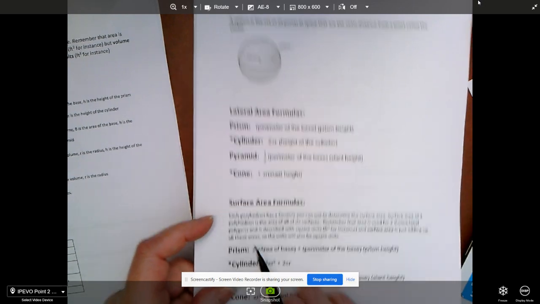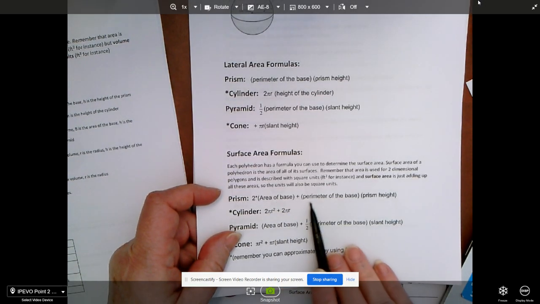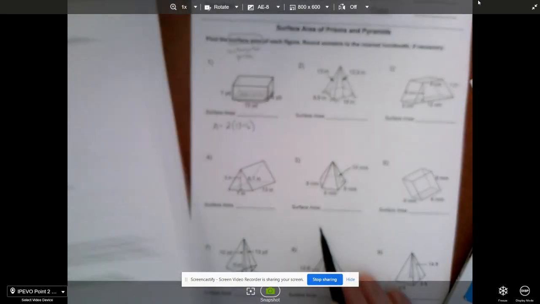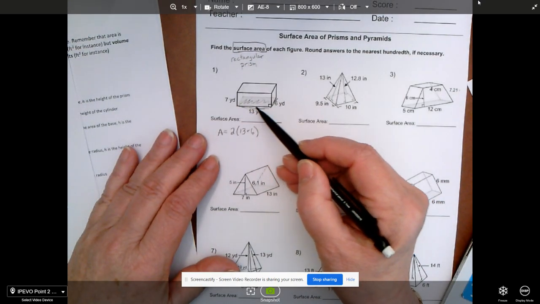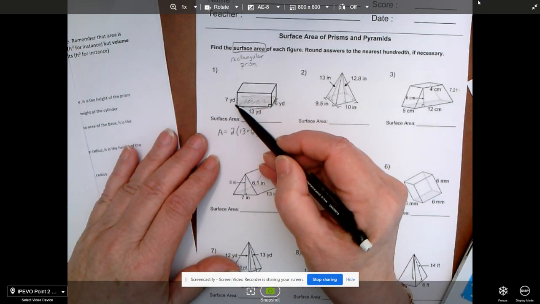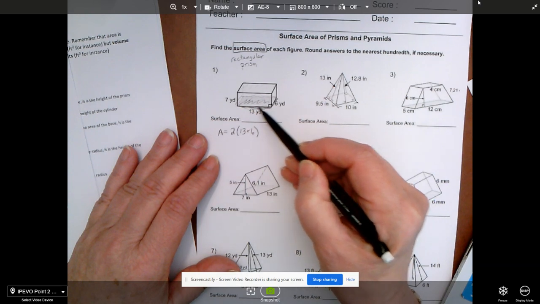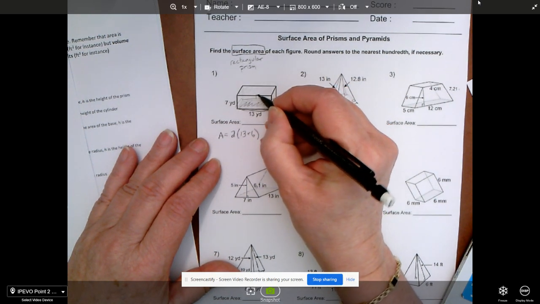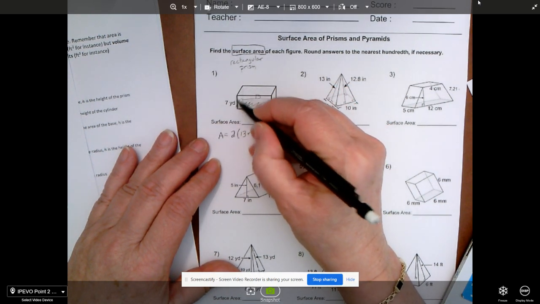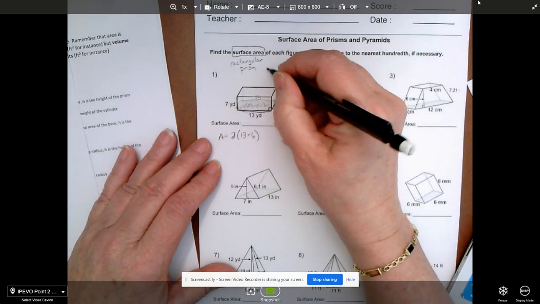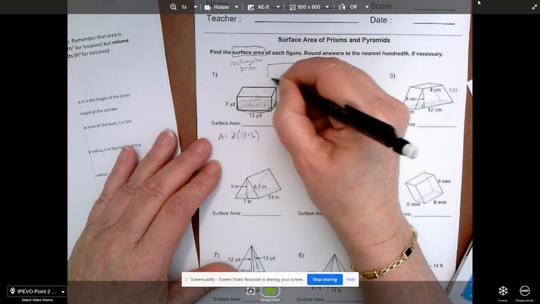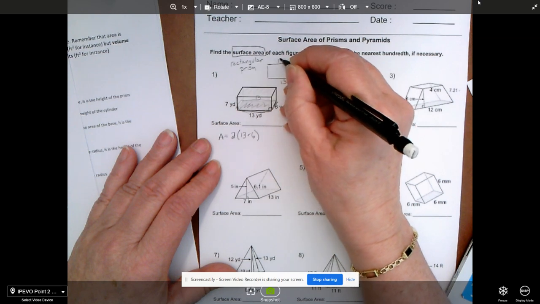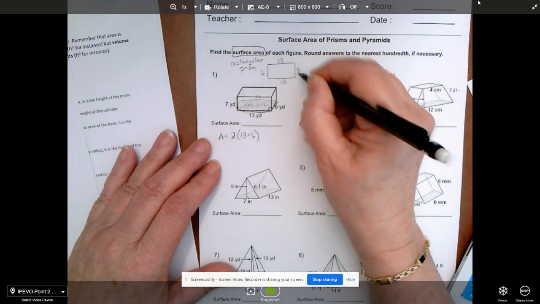All right, so now I've got the area of the base. Now I need the perimeter of the base. Remember, perimeter is if you're going to be walking all the way around, you're going to add them up. Well, if this front is 13, this back is 13, and 7 is the height. So basically, if I have my base, it's going to be 13, 13, 6, and 6.